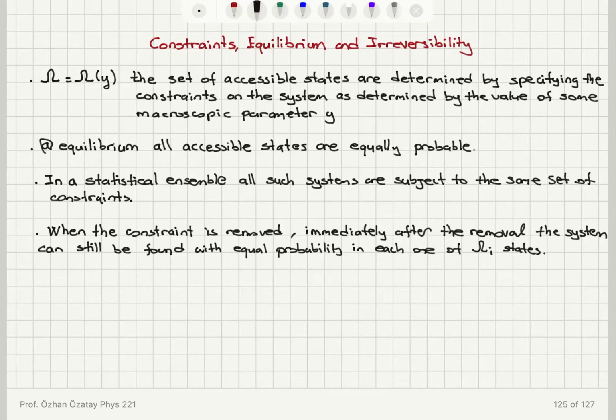So what can happen after the removal of the constraint is we have two possible outcomes. If the final number of accessible states is equal to the initial number of accessible states, so if we have this scenario, the removal of the constraint will have no effect.